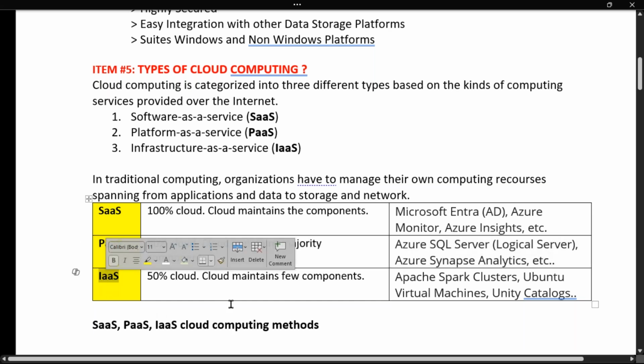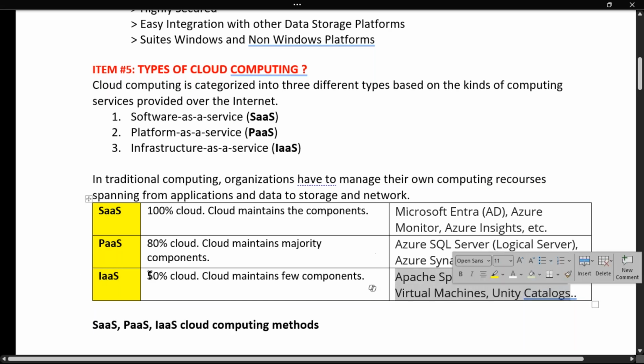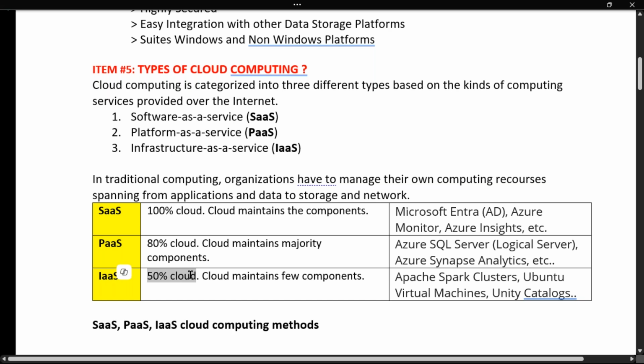We have IaaS environment: Spark clusters, virtual machines, Unity catalogs, etc. 50% cloud. Cloud will manage, remaining 50% we manage. So in our classes from tomorrow, we need to step into all three areas of cloud: SaaS, PaaS, IaaS.